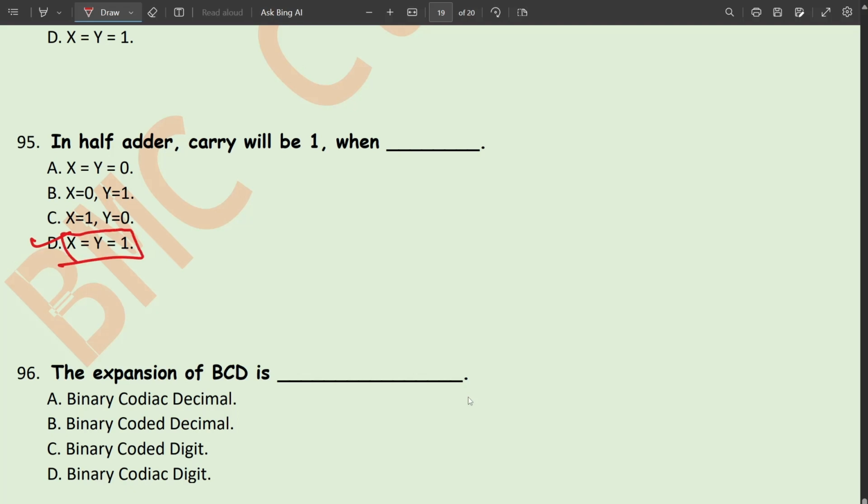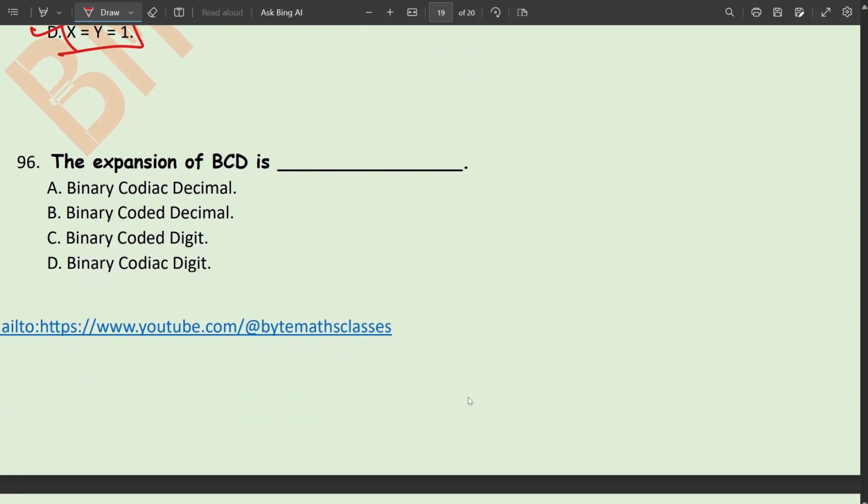Next, the expansion of BCD is binary coded decimal. Option number B is correct. It is sure that this will come in B.Sc 4th semester.